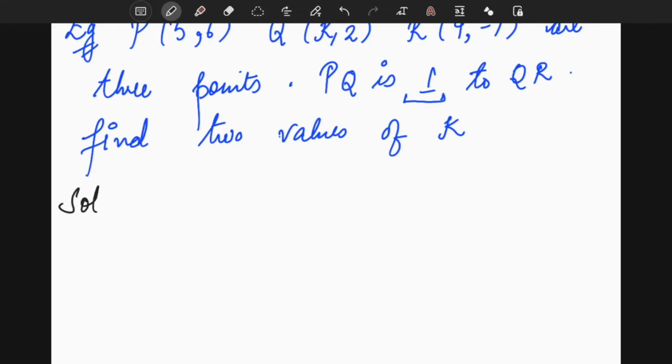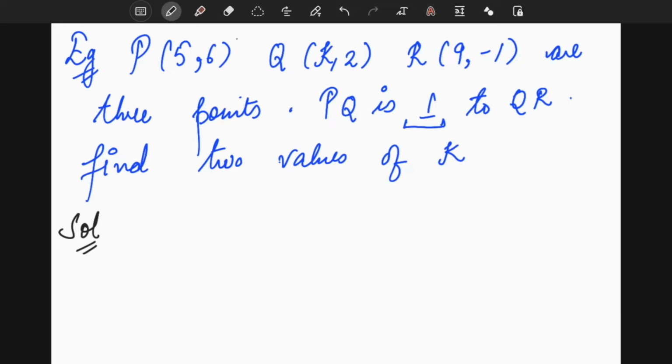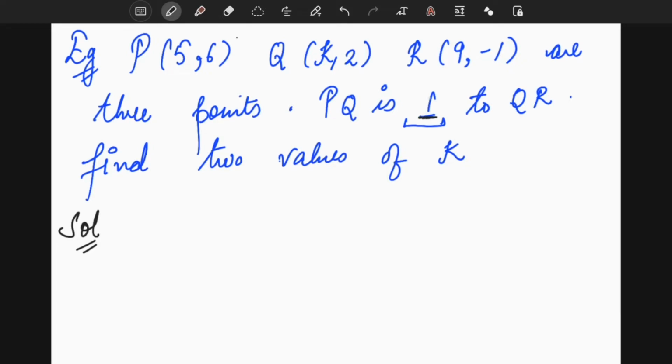Okay. First of all, before starting the question, always read the question carefully, whether it's perpendicular written or parallel written in the question. Now we have 3 points, point P, point Q, point R. It's written that PQ is perpendicular to QR.